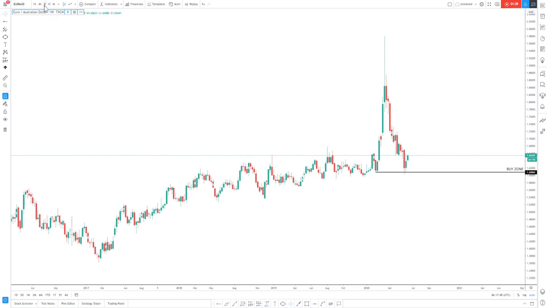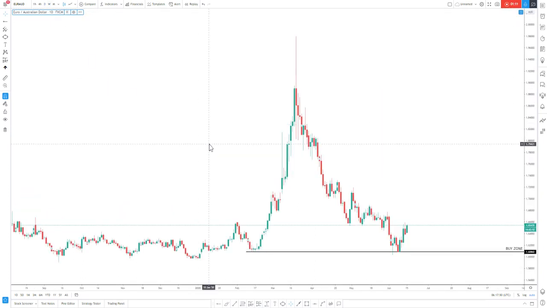So to the daily time frame, we can see when price got to this area previously, or when it formed this area of structure, we had rejections like crazy, and it just flew to the upside, and then there was a major rejection of price and price plunged to the downside.